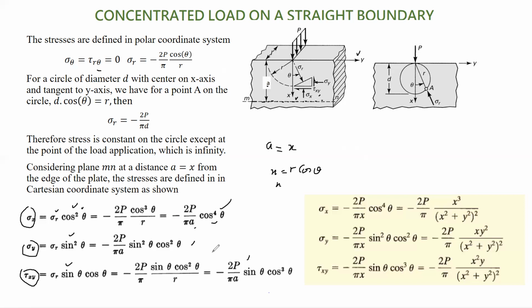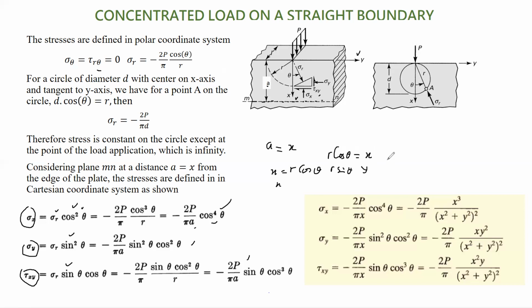I can further calculate what is cosine theta in terms of x and y. Cosine theta is x over r, because r cosine theta is equal to x, and r sine theta is equal to y.